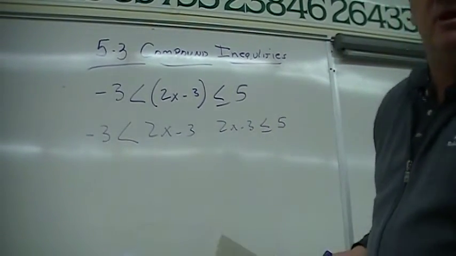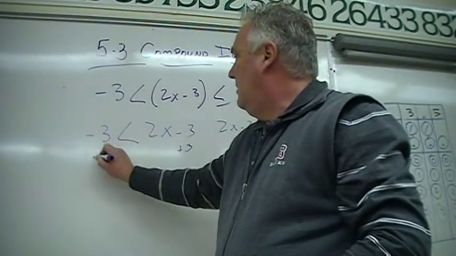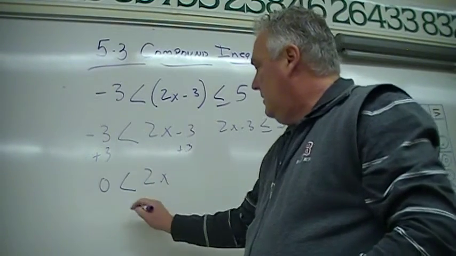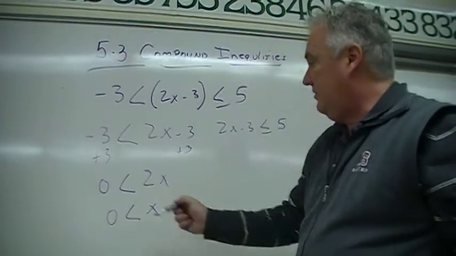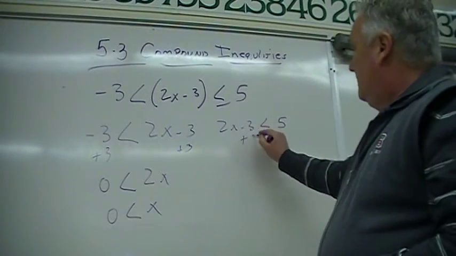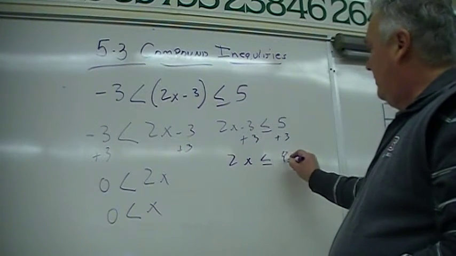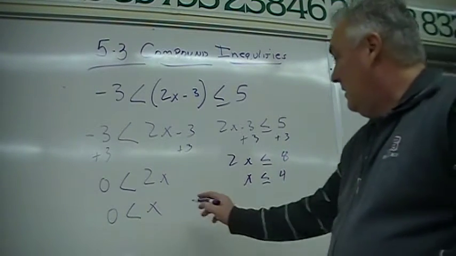Thanks for bearing with me on that. So those are our two problems. Plus 3, plus 3. 0 is less than 2x. 0 is less than x. X is greater than 0. Plus 3, plus 3. 2x is less than or equal to 8. X is less than or equal to 4.